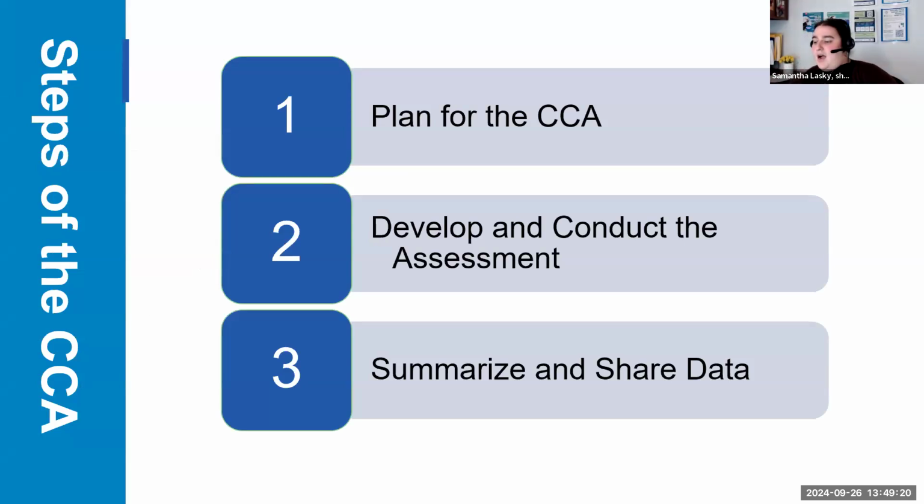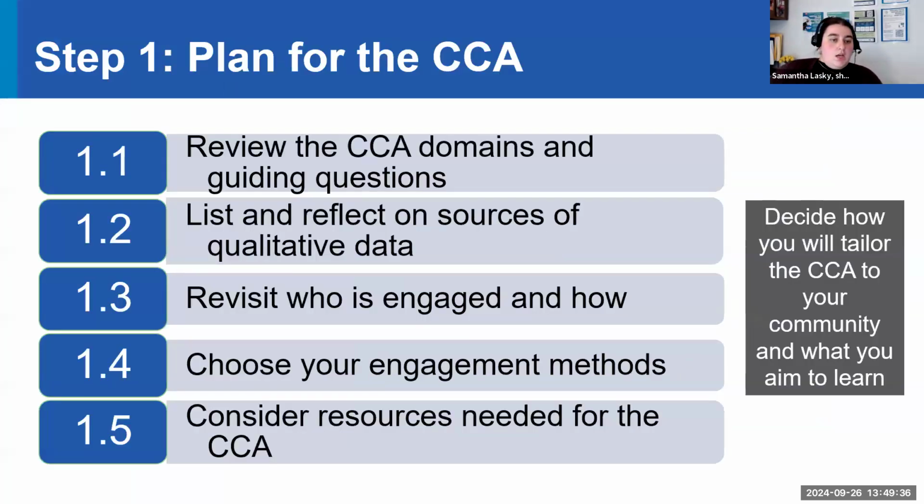Thank you. So these steps for the community context assessment are a little bit shorter here. As you can see, the first is really planning for the community context assessment. The second is develop and conduct the assessment and then summarize that data. Next slide. To plan for these items, it's really about deciding how you will tailor the community context assessment to your community and what you aim to learn.